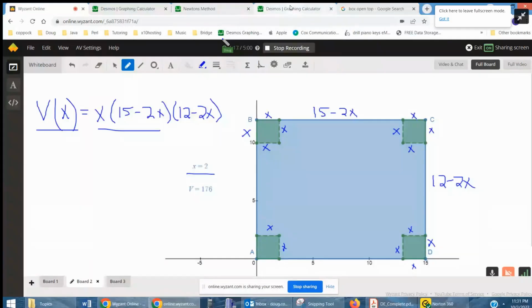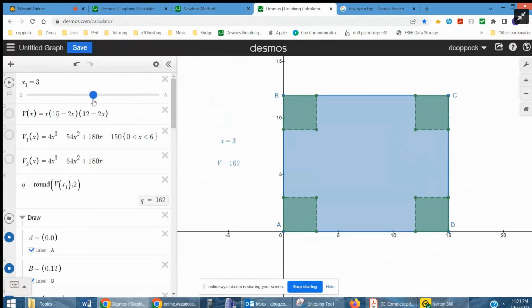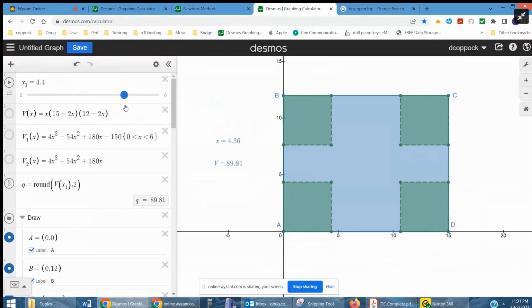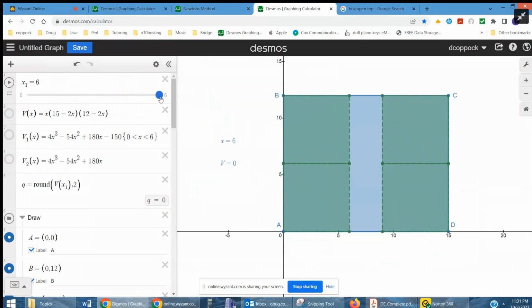Go to Desmos real quick. And watch what happens when the side of that square gets closer and closer to 6. Eventually, we won't have sides to fold up anymore if x is equal to 6 or greater than 6.